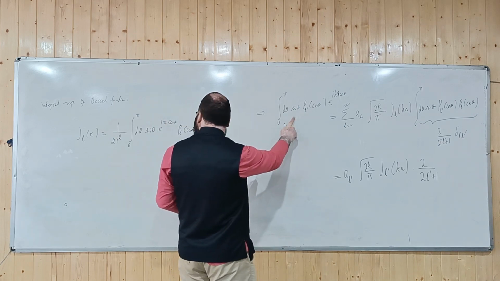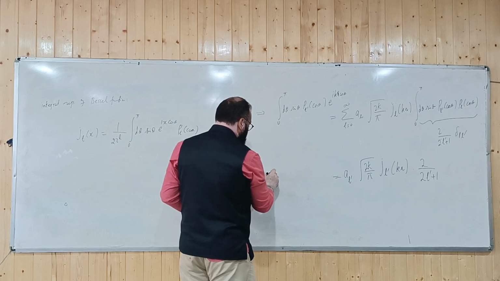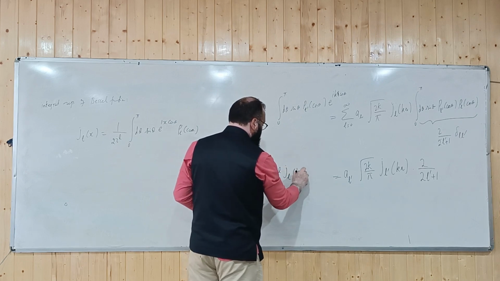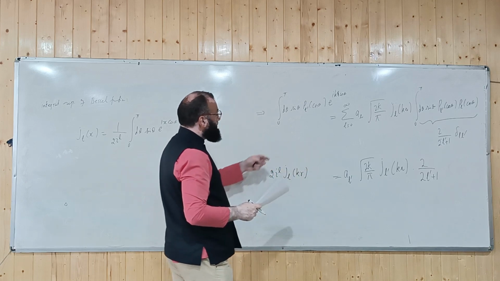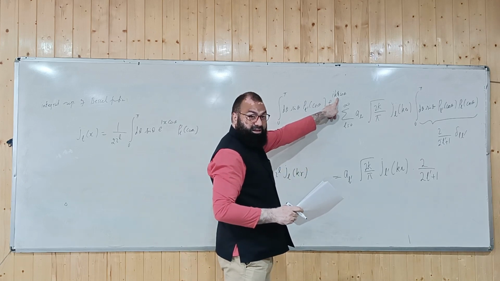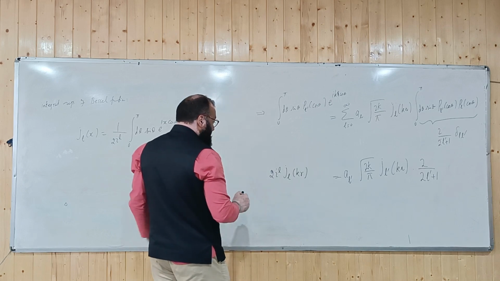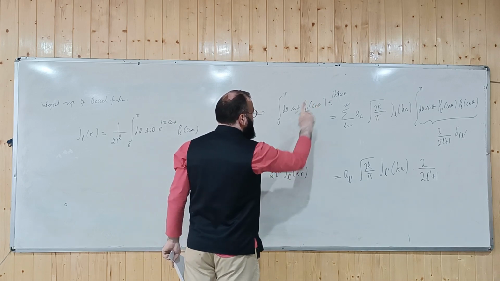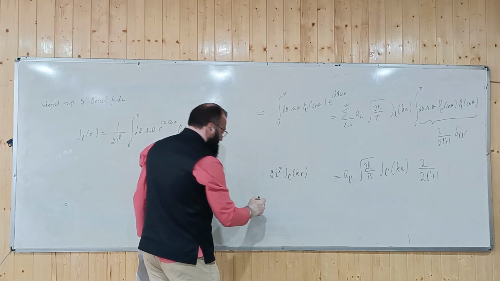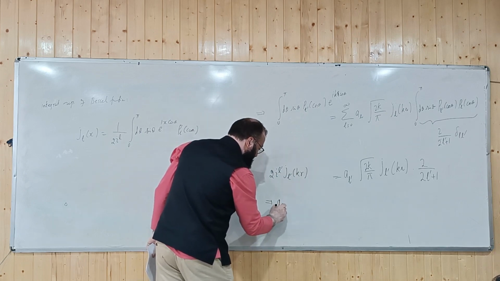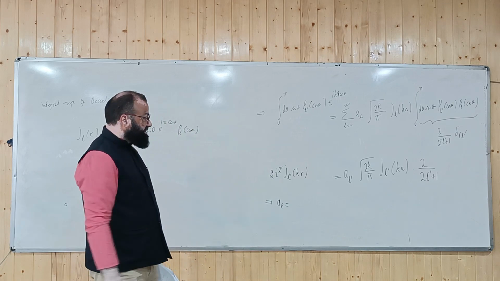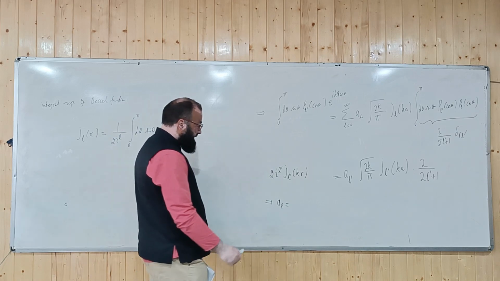So it means I can write this object as 2 i^l j_l(kr). Clear? Because you have x here as kr. So what is our A_l? It will be l prime, because I'm using l prime here. Since l prime is a free index, it appears throughout the equation, I can simply write it as A_l.